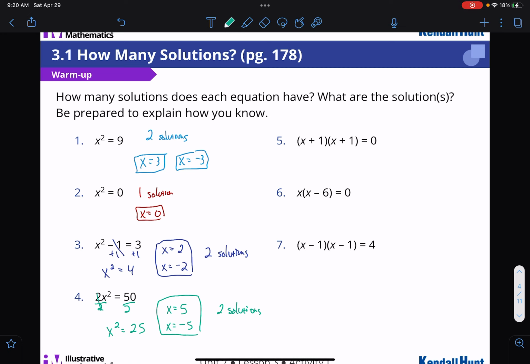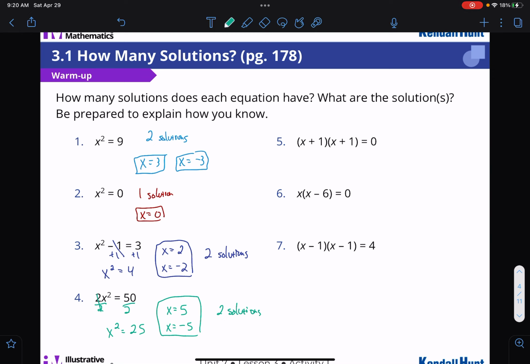Going into the next one, we have x plus 1 times x plus 1. Another way of saying that is x plus 1 squared equals 0.